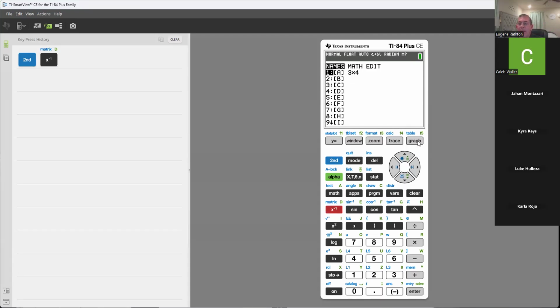Now to put in our matrix, we arrow right and hit edit. That little key press history is showing that I went 2 spaces right on edit and I'm going to hit enter. Up here, the first thing you have to tell it is how many rows your matrix has and how many columns.